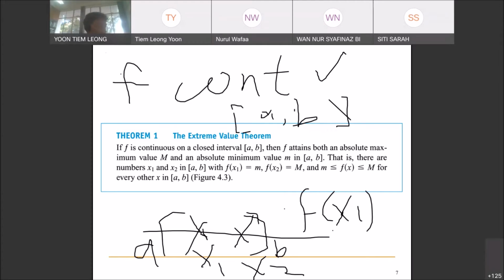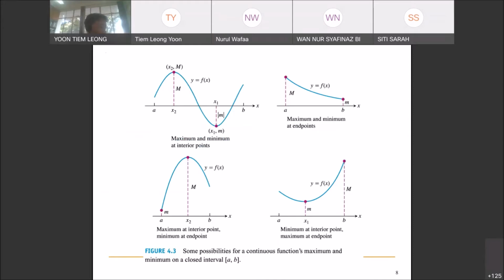Anyway, you could have this example, where you have a closed interval defined for the function in a and b. You look at this diagram. It's a typical situation where the function is well defined within the interval a and b and is continuous.